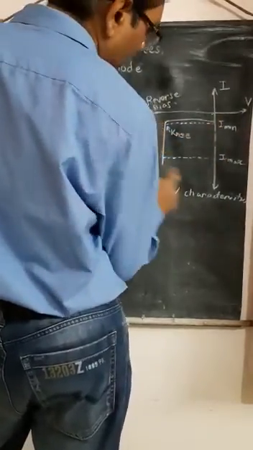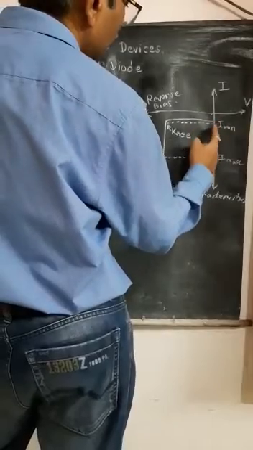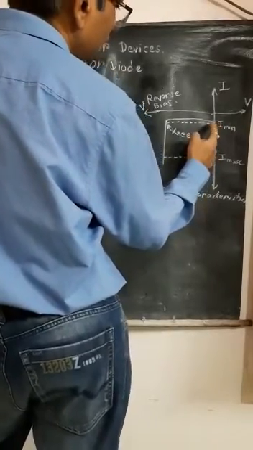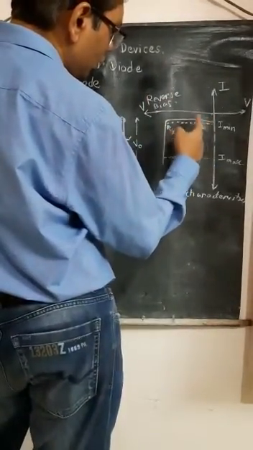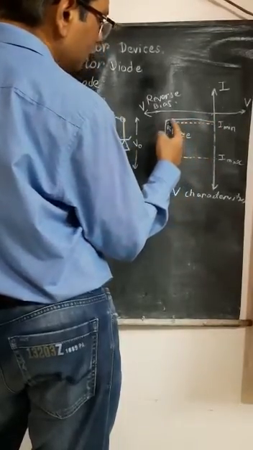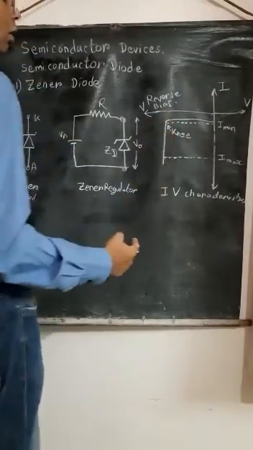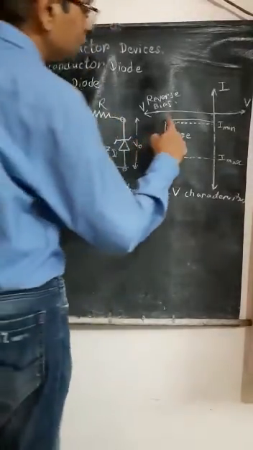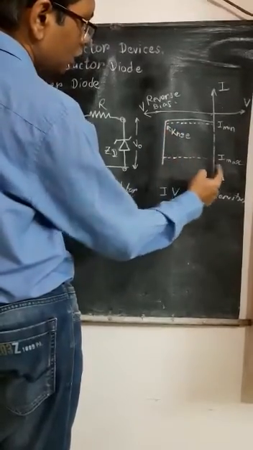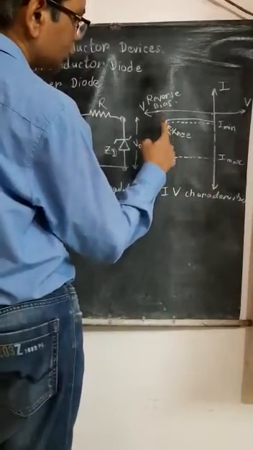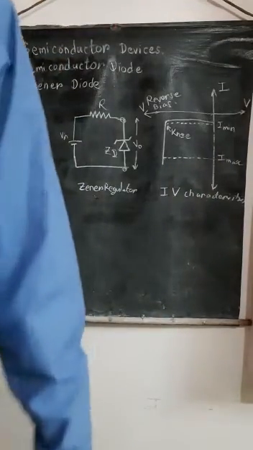This is the knee point, and this is Imax, the maximum point. As the negative voltage across this increases, the current will remain constant slowly. But at a certain point the Zener diode starts conducting maximum current. This is called the knee point. From this knee point the current goes up to Imax. As the voltage increases, at a particular voltage the current increases to Imax. ठीक है.